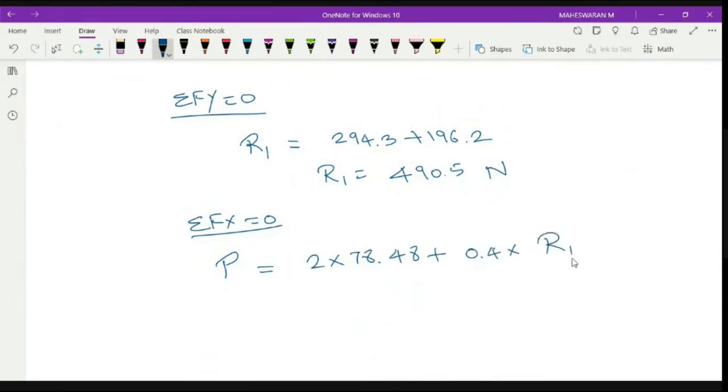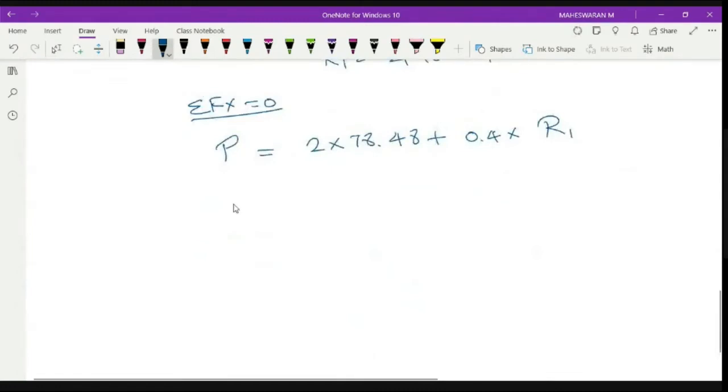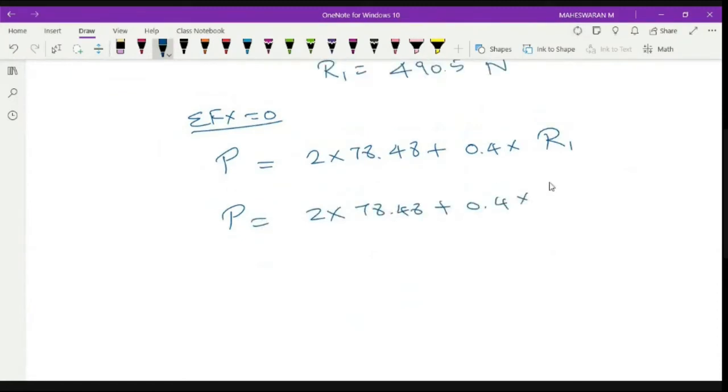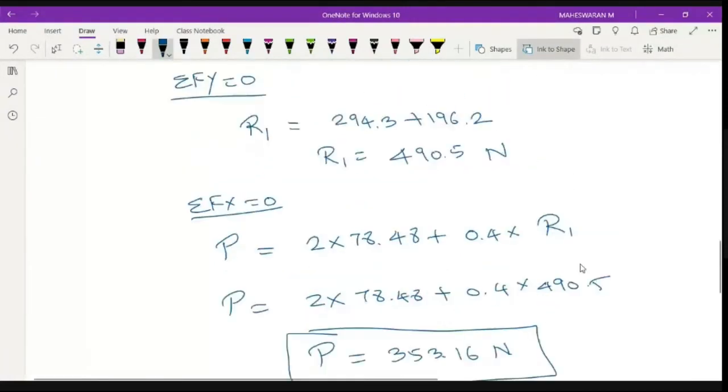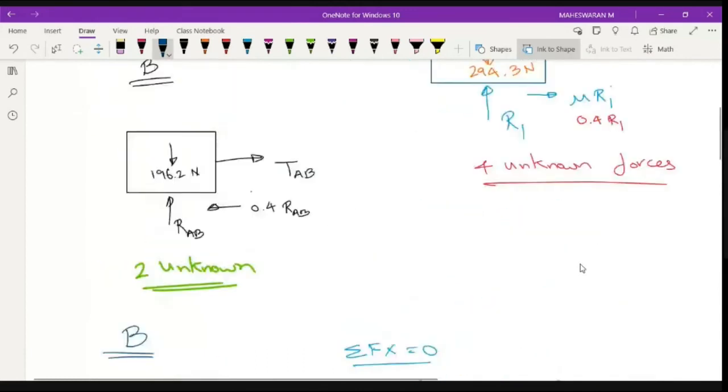So P is equal to 2 into 78.48 plus 0.4 into 490.5. So what is the value of P? It is 353.16 Newton.